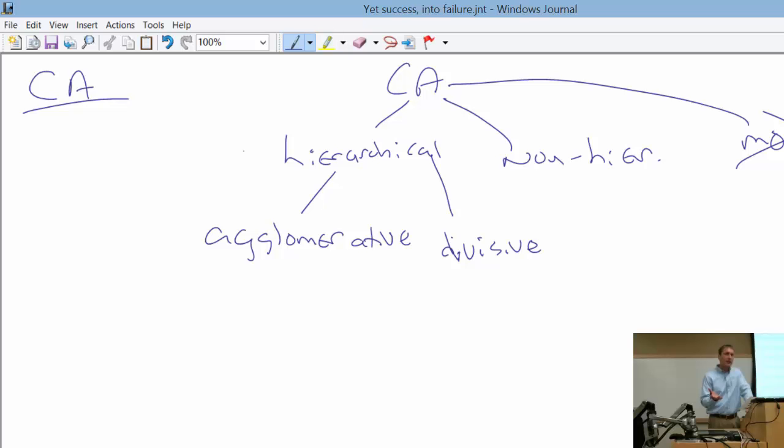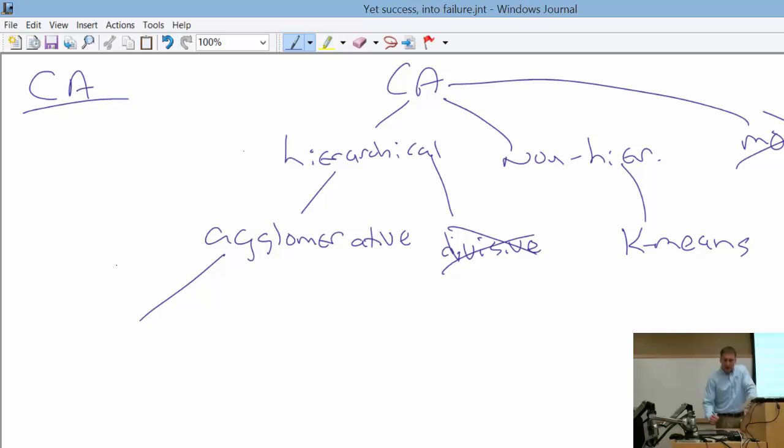Know what a divisive method is versus agglomerative, but we did not do divisive. So just understand what it basically is. With non-hierarchical, there's, for example, k-means clustering. There's k-medians clustering. There's other methods, but we just focused on k-means.